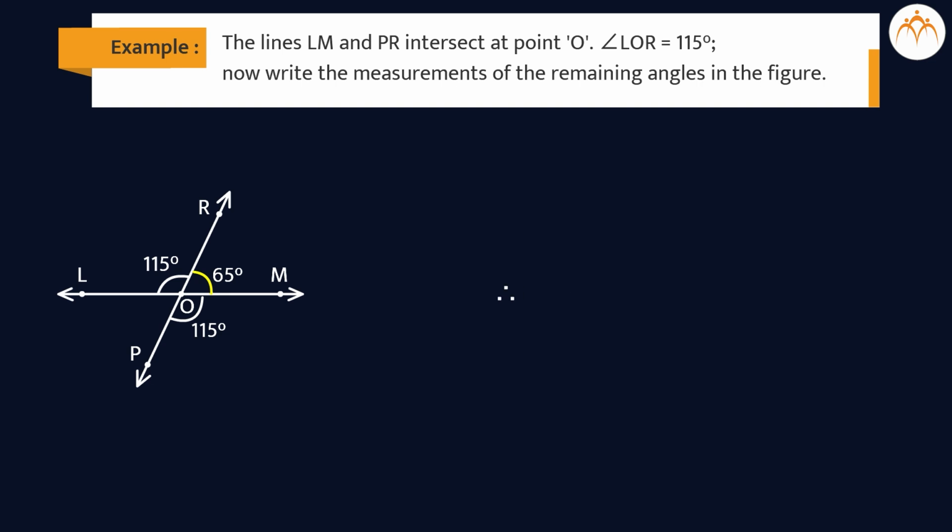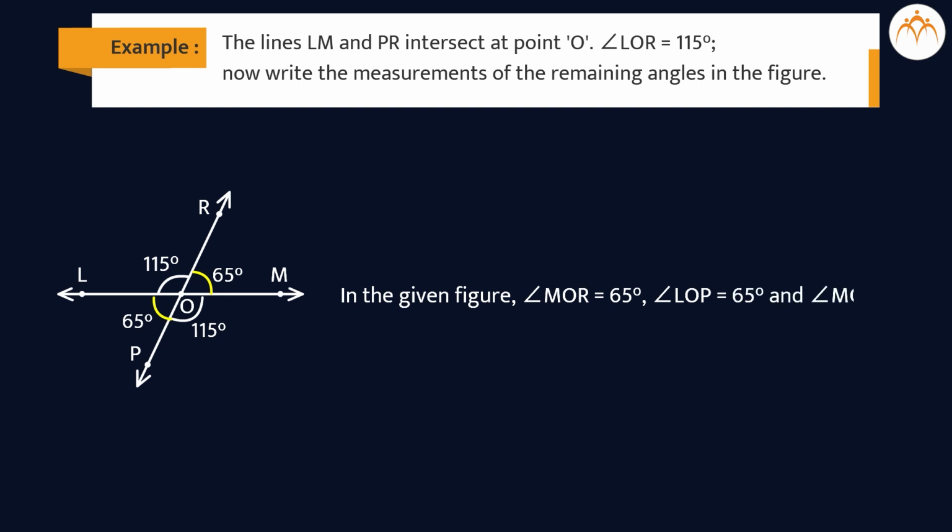If angle MOR is equal to 65 degrees, then angle LOP is equal to 65 degrees. In the given figure, angle MOR is equal to 65 degrees, angle LOP is equal to 65 degrees, and angle MOP is equal to 115 degrees. Understand?